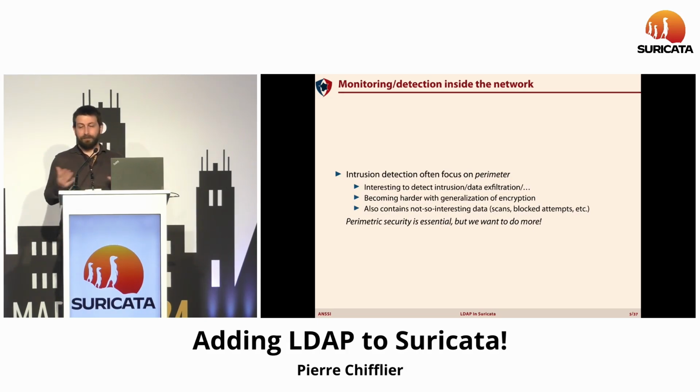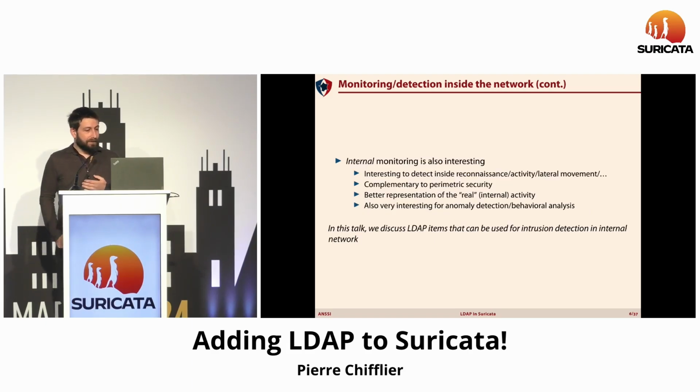And also, we want to do more. So to do more, we're trying to focus on internal supervision. This kind of monitoring is really interesting because it will show you not only the attempts to compromise something, but when it has succeeded, which is something interesting to know.